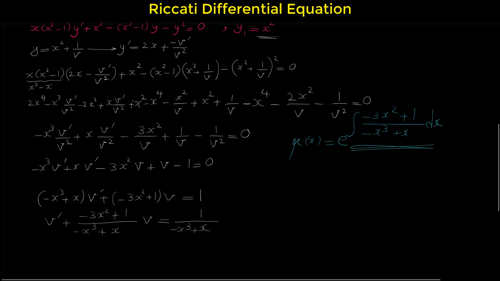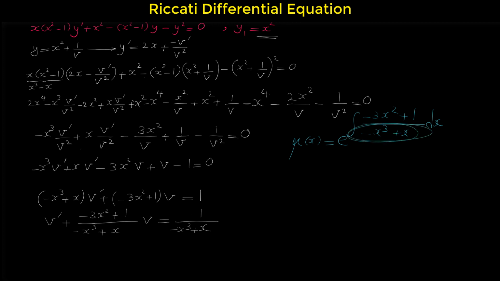For finding this integral, note that if we choose u to be equal to the denominator, then the derivative of the denominator is exactly on top. So we do a u substitution, with u equal to negative x^3 plus x, and du is negative 3x squared plus 1 dx.